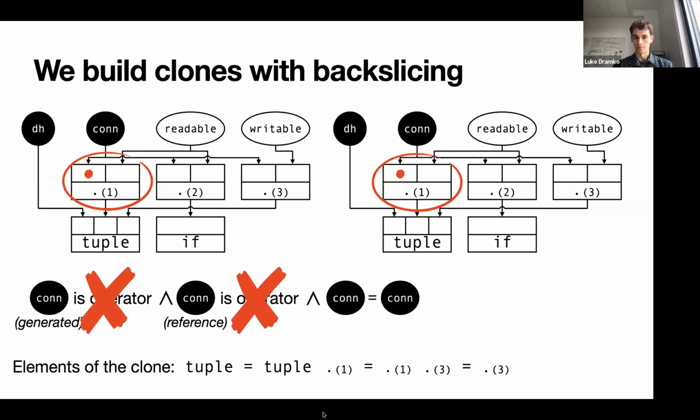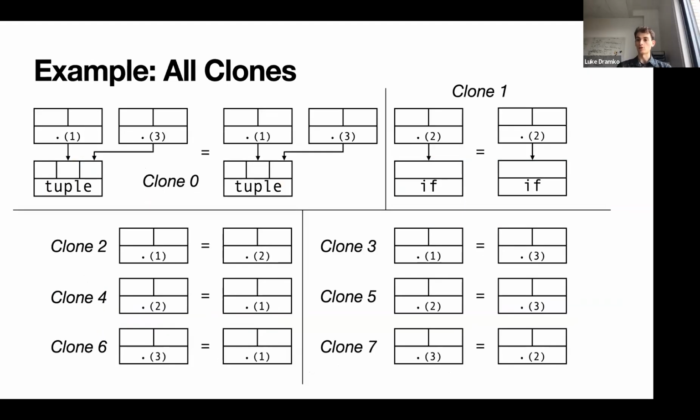And then of course, I won't step through the rest of it, but you can see all of these others are not operators, so we won't add anything else to it. Now, if you do this for every pair of like operators, you end up getting 8 clones. So in the example, we just generated clone 0. There's also clone 1, which we recognize should exist, but there are also 6 other clones that exist when you initialize with different pairs of like operators.